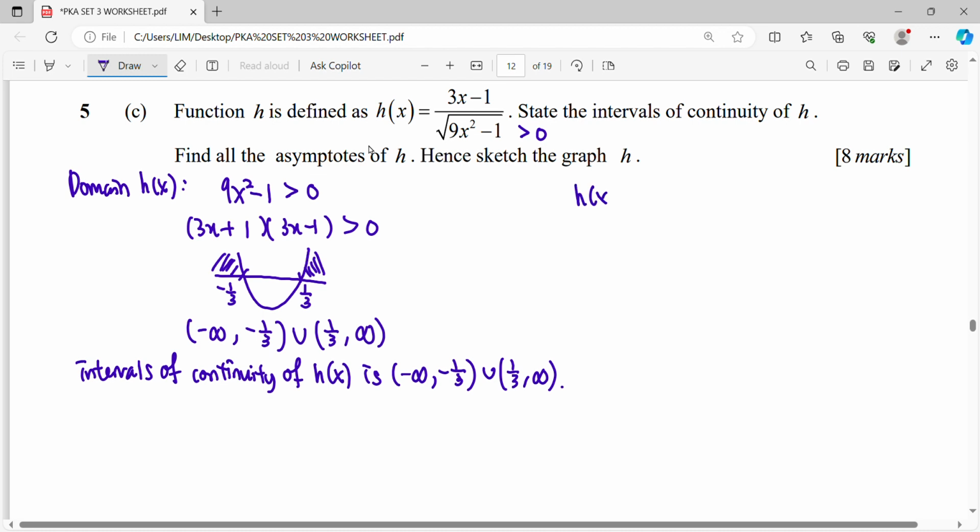The function undefined. So where's the function undefined? When your denominator equals to 0. When your 9x squared minus 1 equals to 0. So same also to solve here, quadratic.